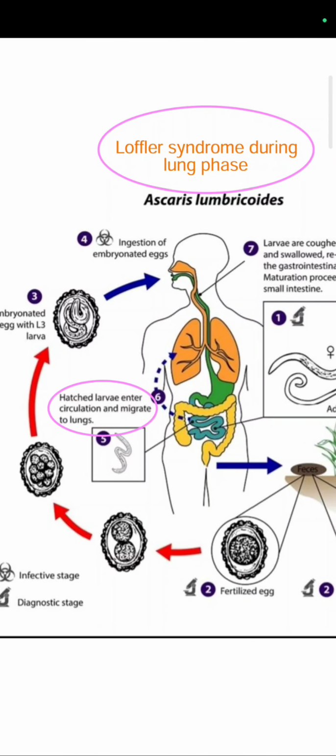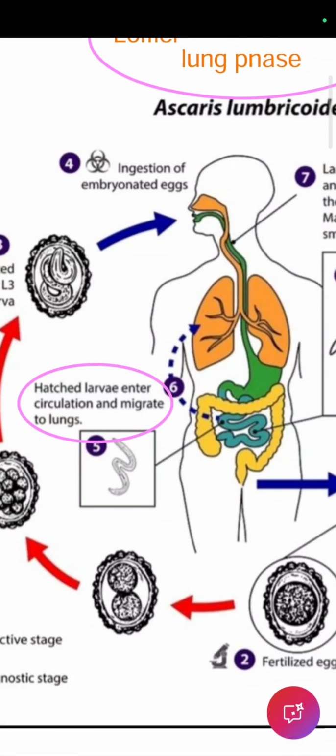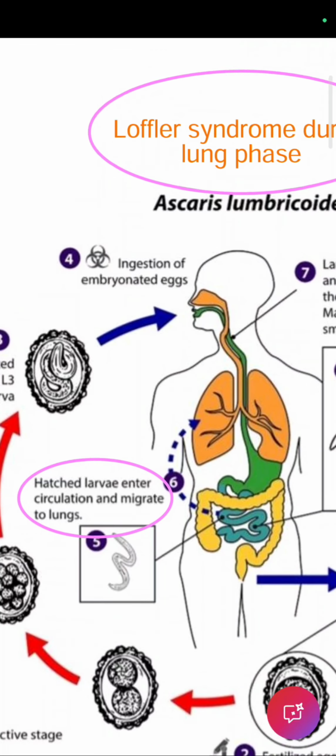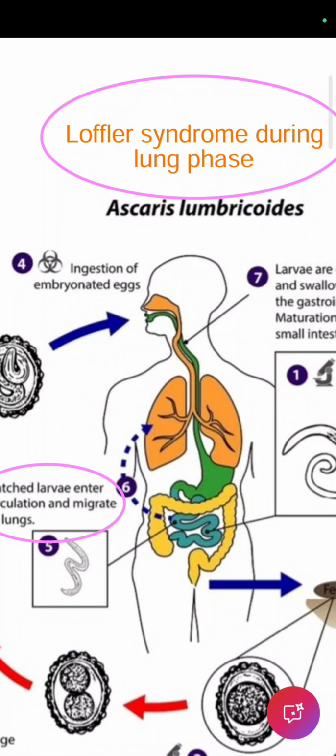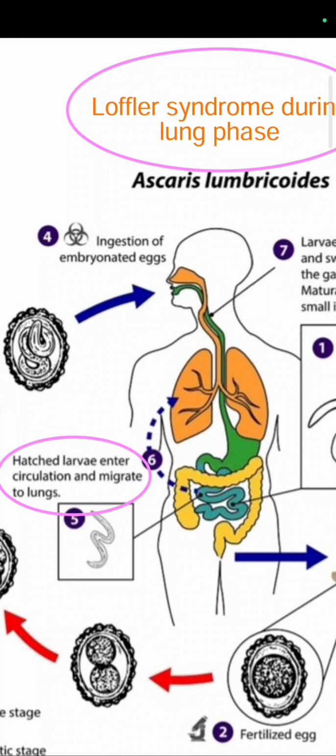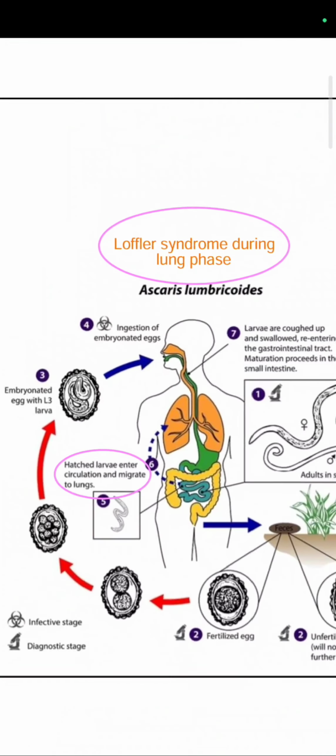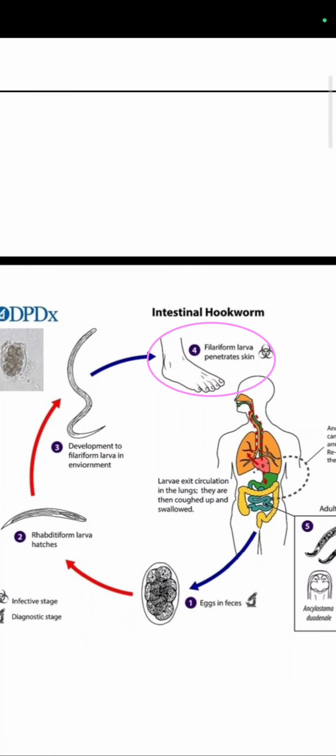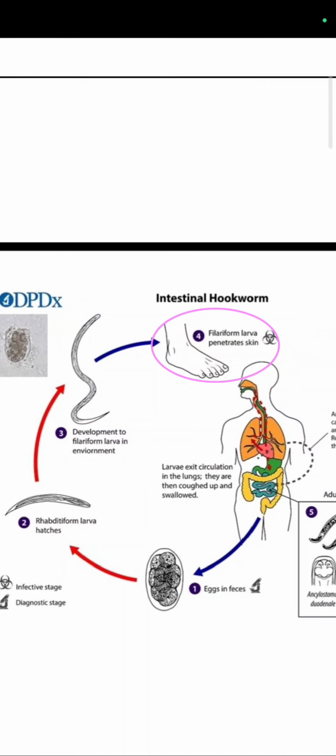Next we have Ascaris. For Ascaris, the most important part is this one, that the larvae enter the circulation and go to the lungs, where they can cause Loeffler syndrome. So you just have to look out for the migration to the lungs. If you see that, then that's Ascaris. Next we have intestinal hookworm.